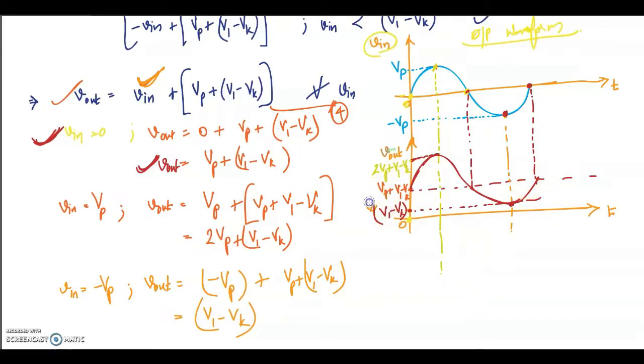The points are marked as I have marked it here: V1 minus Vk, Vp plus V1 minus Vk, 2Vp plus V1 minus Vk. These are the points. Positive maximum is this, middle point is this, and this is the negative maximum. This is the output waveform for positive biased clamper with practical diode.